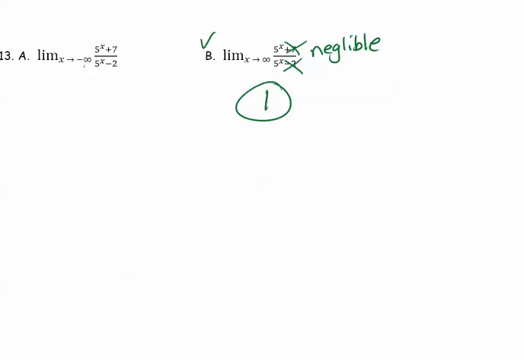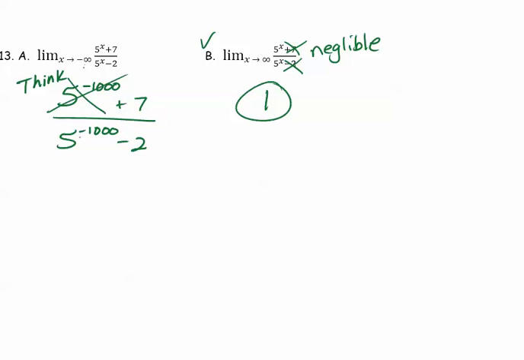So what's the difference if x goes to negative infinity? Something very different. Now think what we're talking about here. So for example, we are thinking of 5 to the negative 1,000 power over 5 to the negative 1,000 power. So this is 1 over 5 to the 1,000th. So now this is a very tiny fraction.